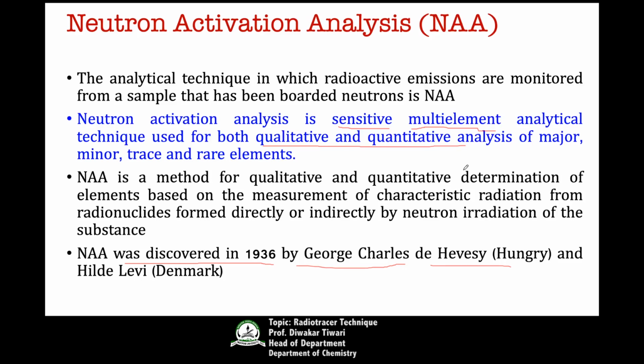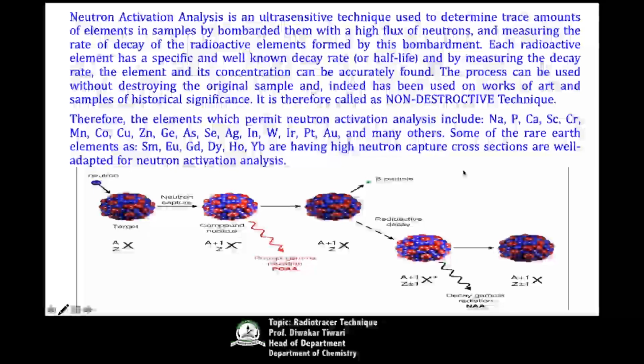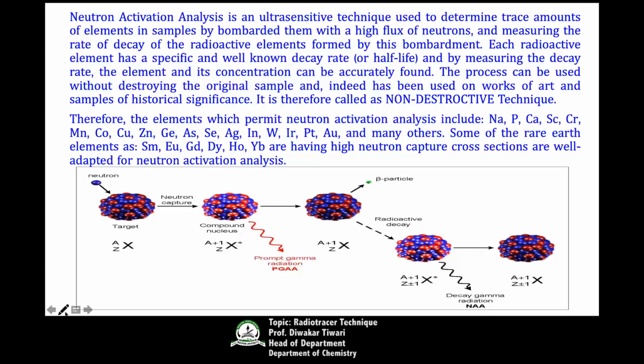You must know some other non-destructive techniques, for example X-ray fluorescence spectroscopy and X-ray photoelectron spectroscopy. These are also kinds of non-destructive analysis, though of course the basic principle is quite different. So neutron activation analysis is a kind of non-destructive analysis.